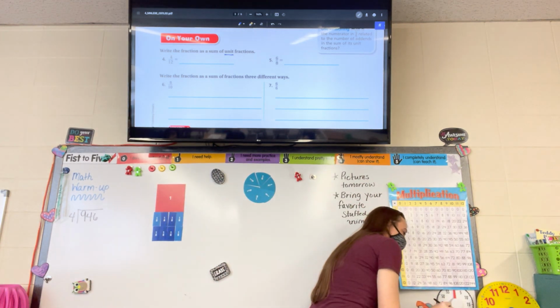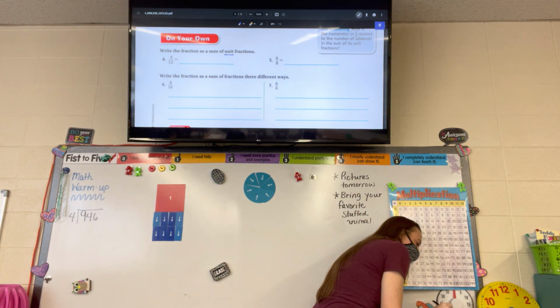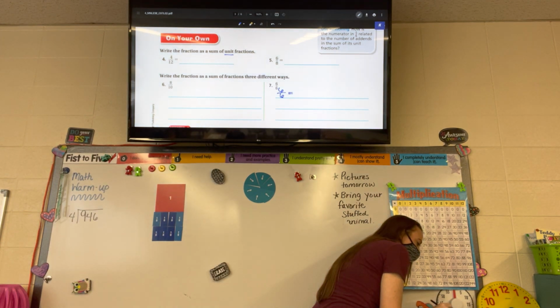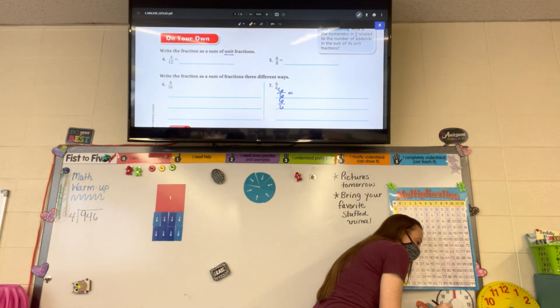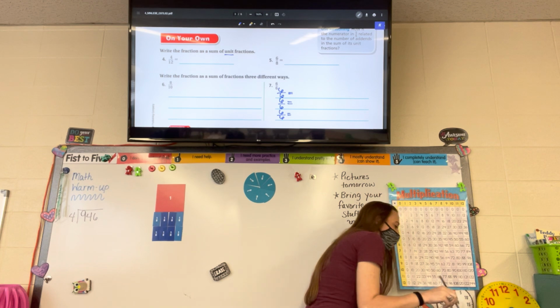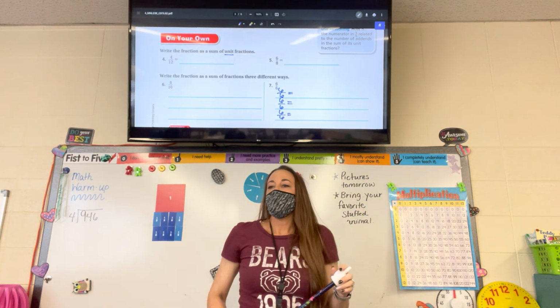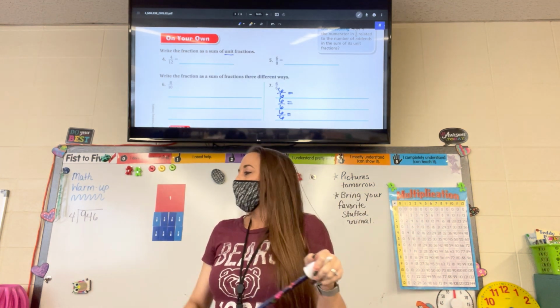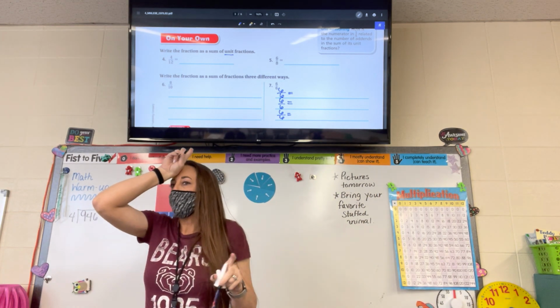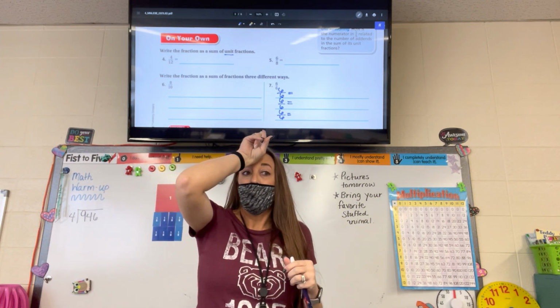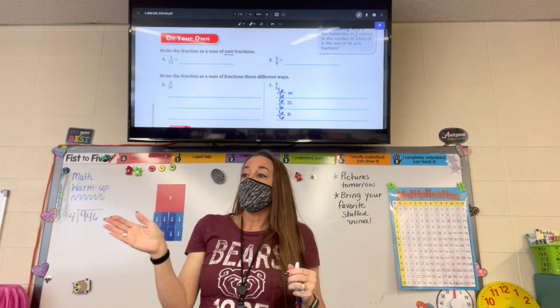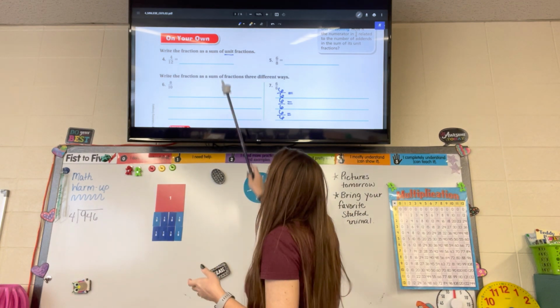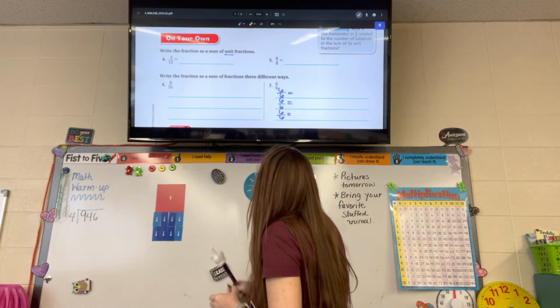So on the top line we write 6/6 equals, on the second line 6/6 equals, and on the third line 6/6 equals. You're not going to use all unit fractions because it doesn't tell us we need to.